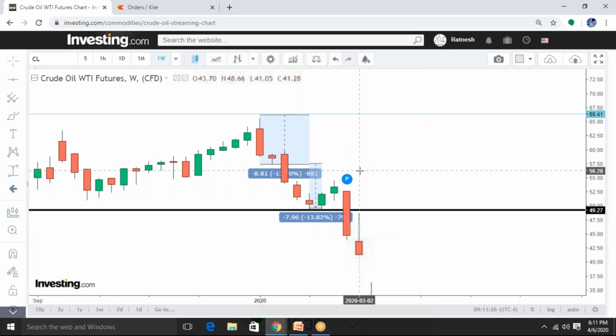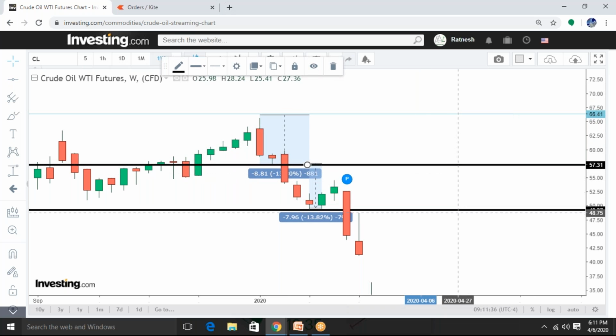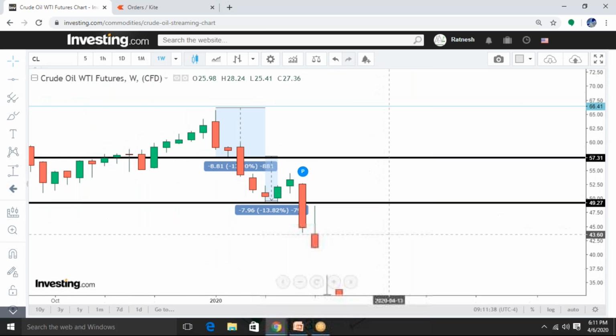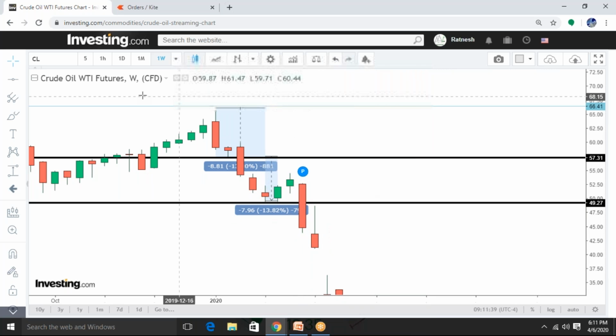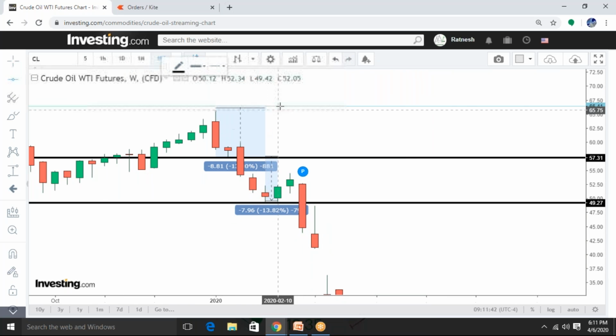This was the selling position, and the stop loss is slightly above.